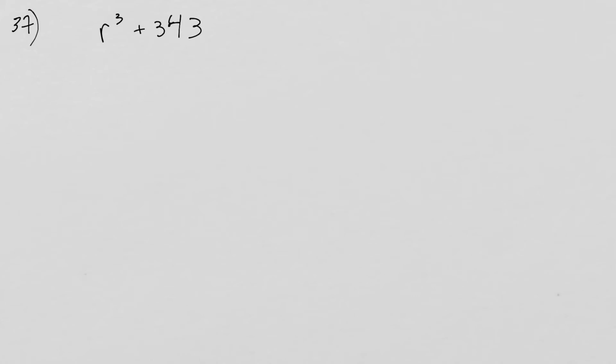Okay, in a problem like this, you may not realize that 343, the cube root of that is 7, but you probably are tipped off that you need to do a cube root because this is a cube. So we probably have the sum of two cubes here. So just go in your calculator and cube root 343, and you'll see that it's 7. So now you know that you have r cubed plus 7 cubed. And remember, you always make a binomial times a trinomial.